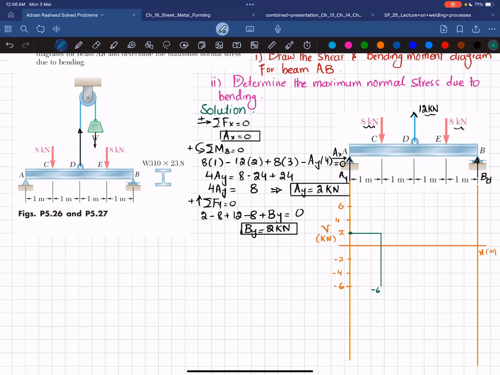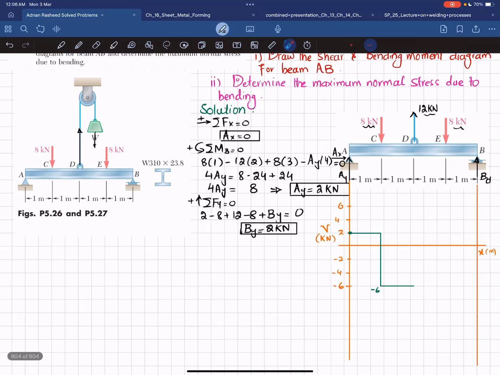So this is -6. Now moving from C to D, there is no other force, so it will remain the same and we will get a horizontal line till this point. But at this point D, you can see you have a 12 kilonewton load. So -6 plus 12 will give you +6 at this point. So shear force will change from -6 to +6.